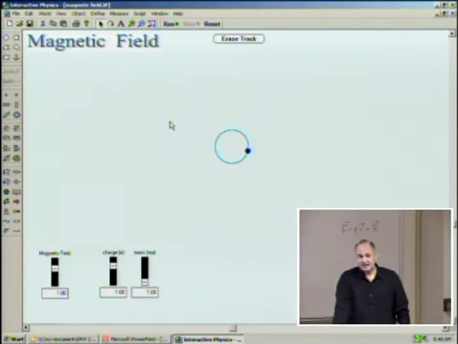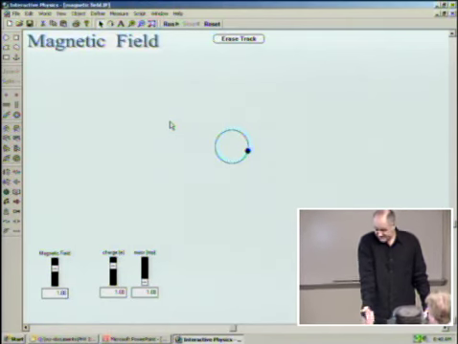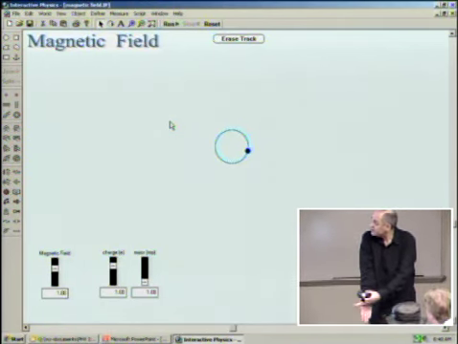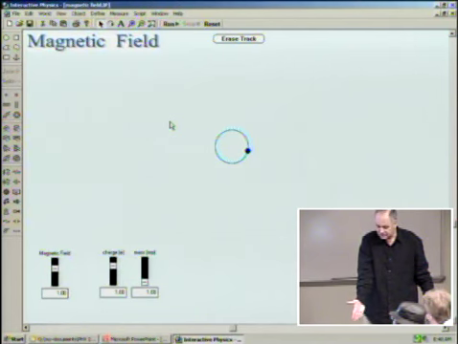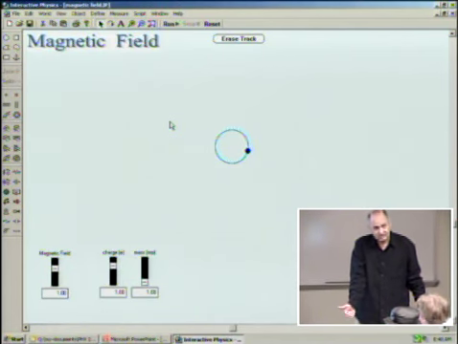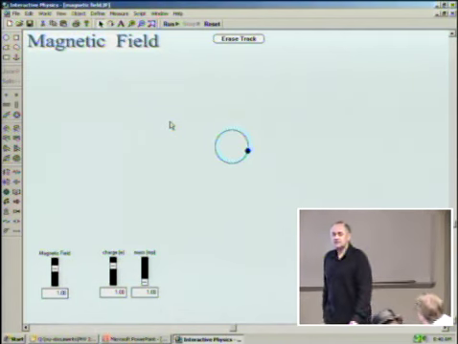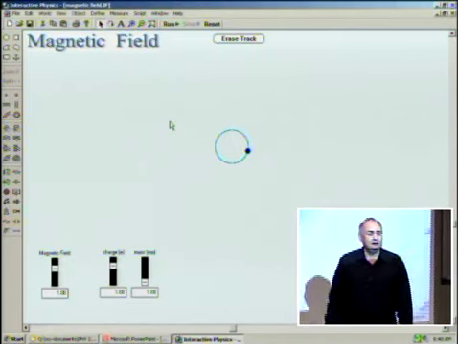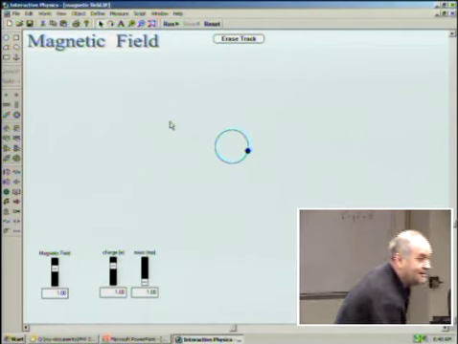First we align the entire palm with velocity. Now we recognize that the force is to the left, so I align the thumb with the force, and I'm able to bend the fingers in this direction. So the magnetic field indeed has to be toward us. This is the correct answer.